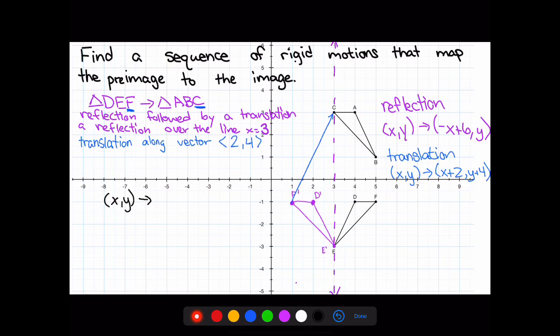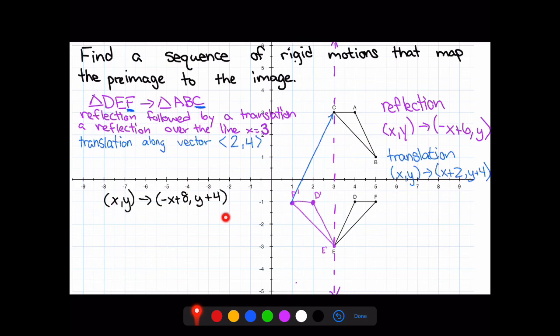I have (x, y) turns to (negative x plus 8, y plus 4). So this is our rule to get DEF onto ABC. No matter what, this one will work. And in fact, no matter how many transformations I did, if I were to combine them all down into one, I would get this as my final answer.